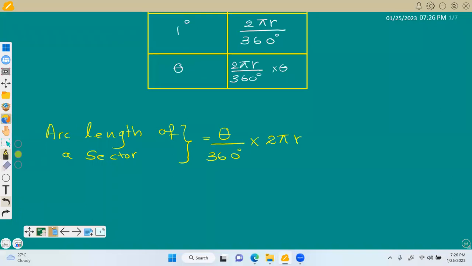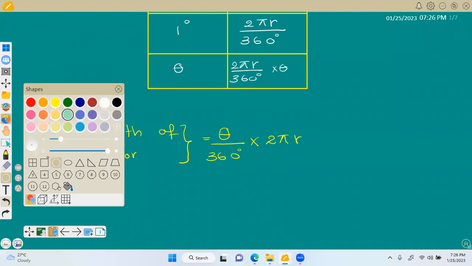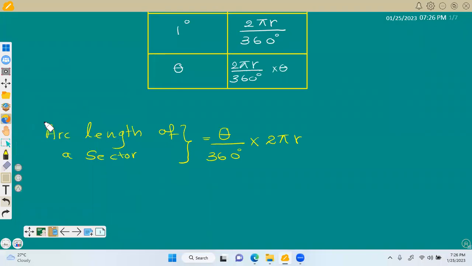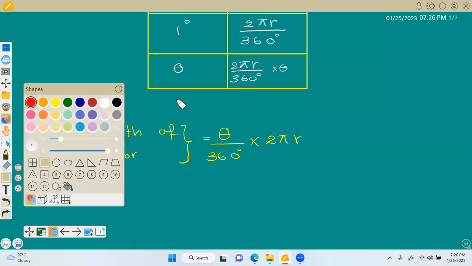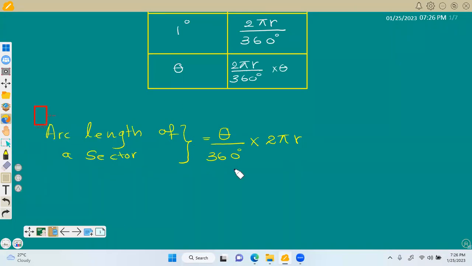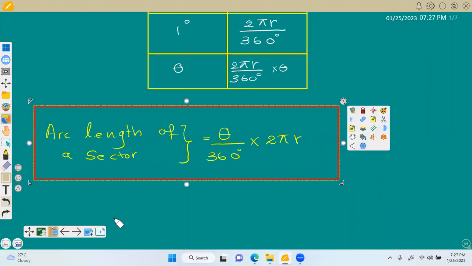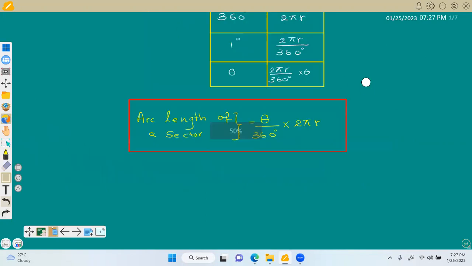I will explain this further. You can write down this one. This is the formula that we use to find the arc length of a sector. Shall we note down this one in the notebook?